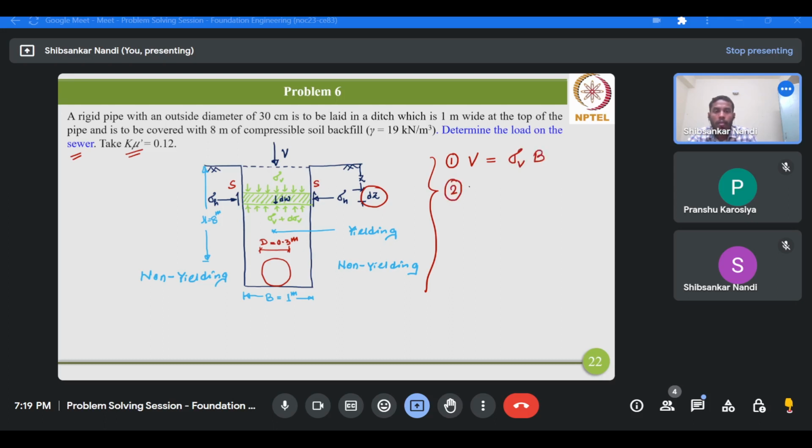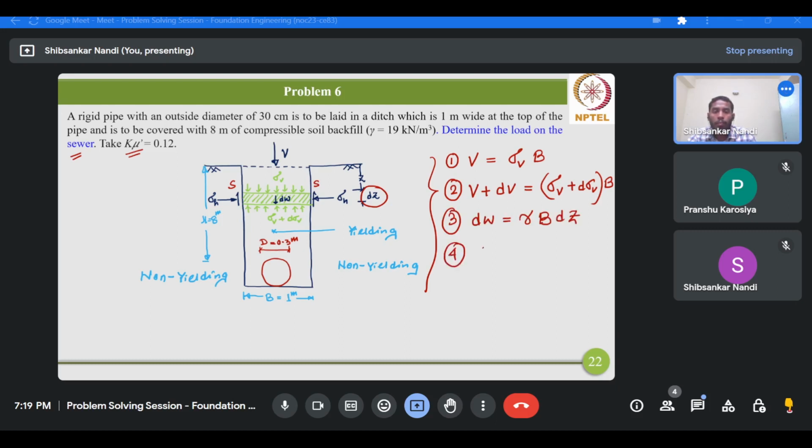Second, V plus dV, which has a magnitude of (sigma V plus d sigma V) times b. Third, dW, which has a magnitude of gamma b dz.